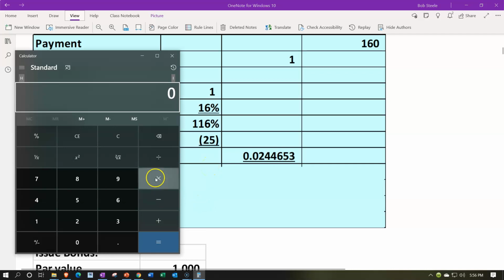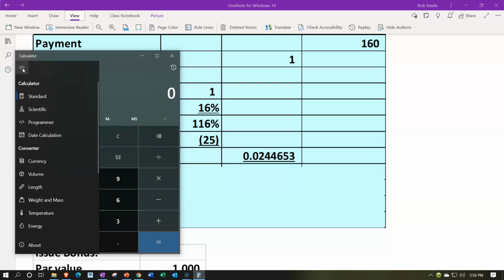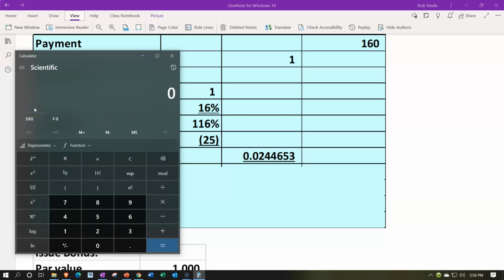0.0244653. We're going to do that calculation one time with our calculator, noting that we need a scientific calculator or something that can take us to the power of negative 25. So I'm going to pull up the Windows calculator, hamburger, scientific calculator down below, and we want to take the 1 plus the 0.16, which is 1.16 or 116%, to the x to the y, in other words, the power of caret up top, the number of periods, 25, and then I'm going to make it negative with this little thing down here, negative 25.